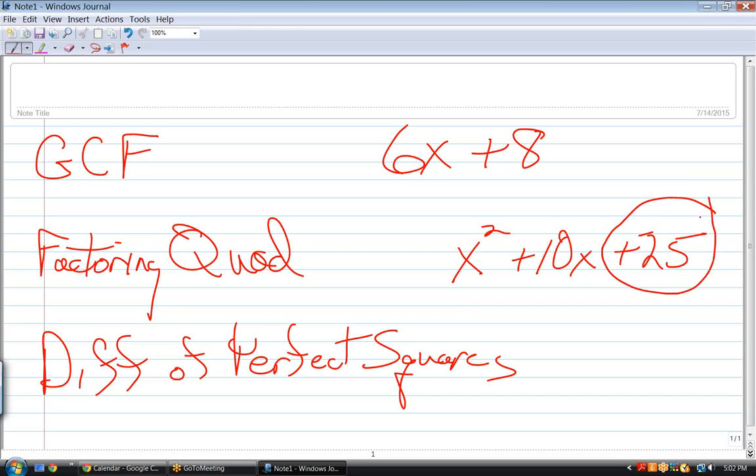If you have a constant term, then it's very unlikely that you're going to find a greatest common factor, right? Because certainly x doesn't divide into 25, and 25 or 5 doesn't divide into 1. In other words, as long as that's a 1, and that's a number without an x, then it's very unlikely we're going to factor this by greatest common factor. However, it is the product of 2 linear factors.